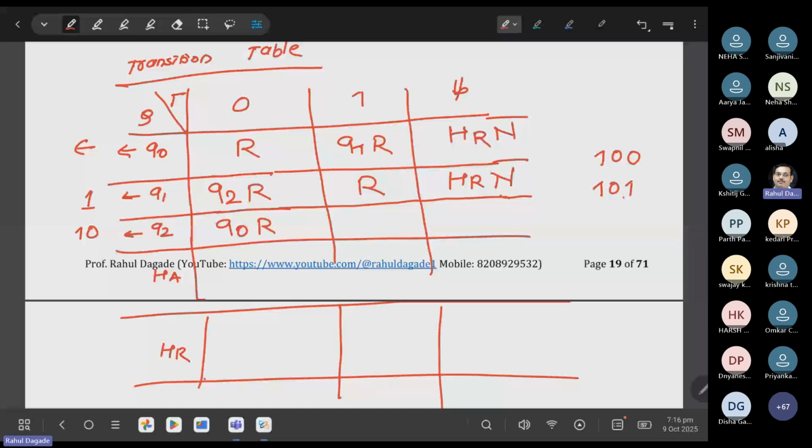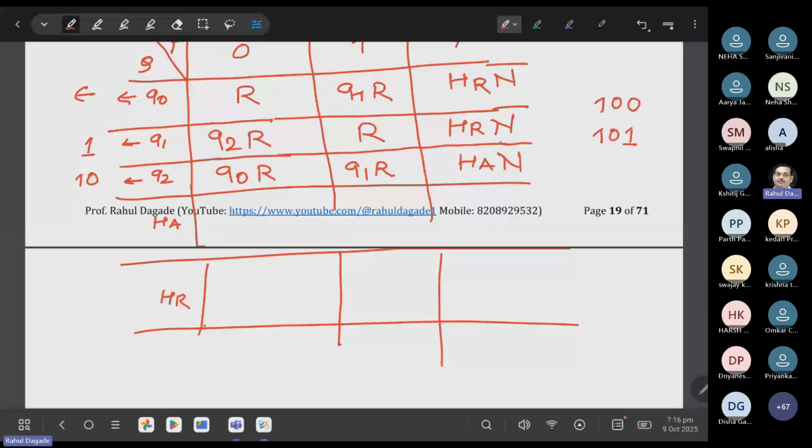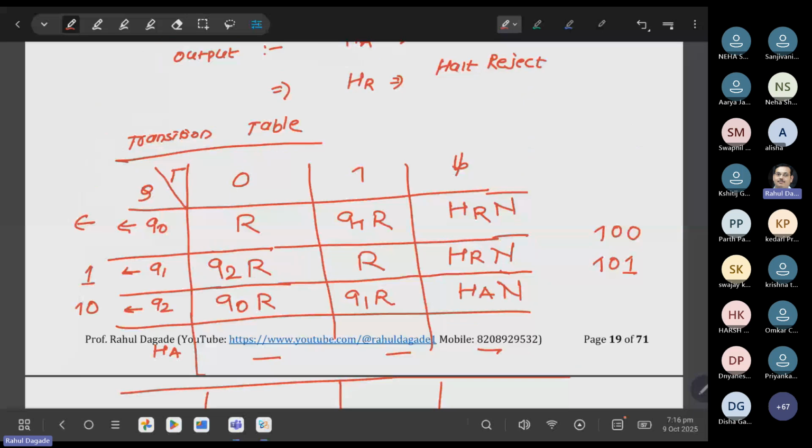And if it gets a blank after 1 0, that means it is ending in 1 0, then it is accept state, HA. So HA is not having any action. So these are the state transition diagram. All of you note down.